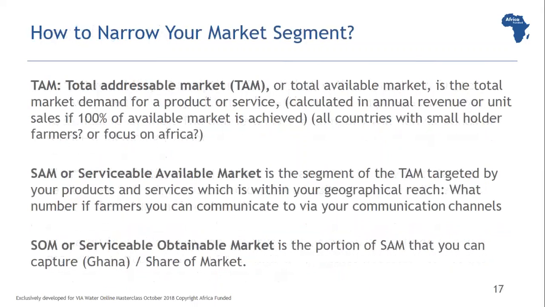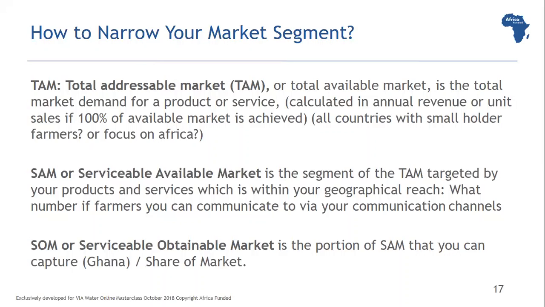So key is to also define the market, right? We talked about emotions and learning about what they want, but then we also need to look at how big the market is. What I see quite often in plans is that we say, well, there are X number of smallholder farmers, or X number of people having a mobile phone in Africa, so that's the market. That's of course quite a shortcut. There is a total addressable market.